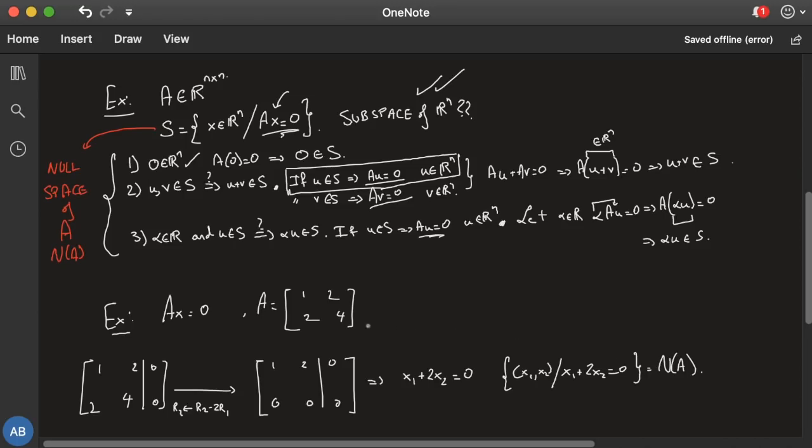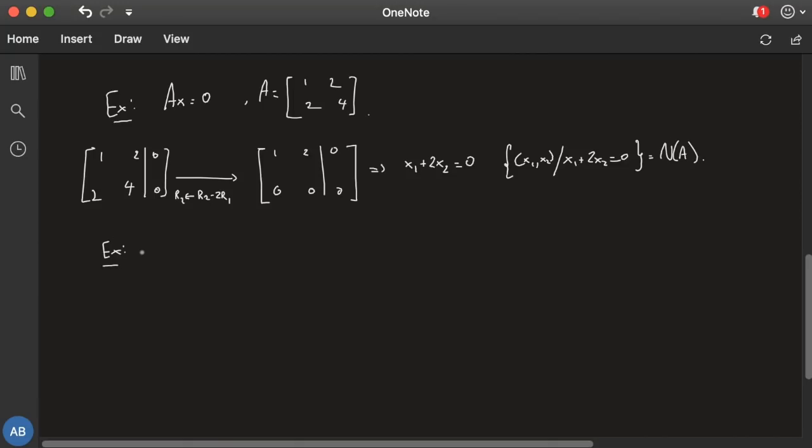Note that if you have a matrix with no zero rows, the null space will be the singleton 0. So for example, if your A were the identity matrix 1, 0, 0, 1, there is no non-trivial vector that could null this out, and hence the null space of A is just the 0 vector, the trivial solution.